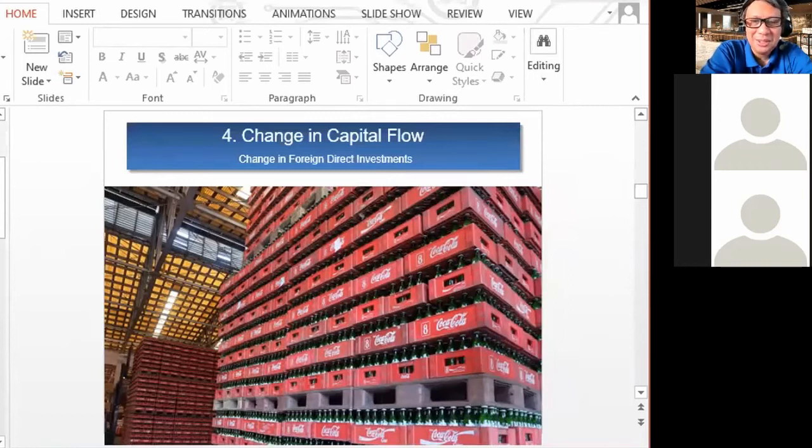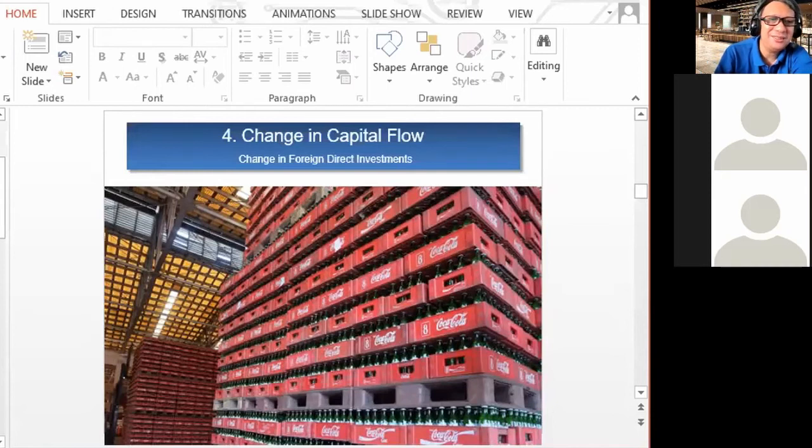If you remember, they will buy buildings, machines, factories, land. So they will be bringing in their money. That's cash going into our economy. So more dollars will affect the price of the foreign exchange.